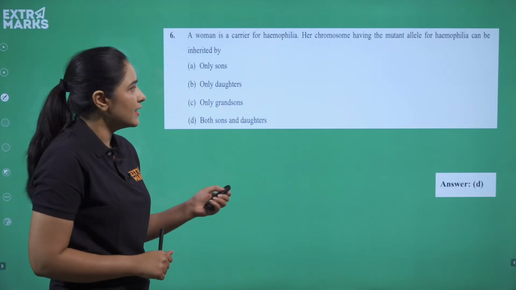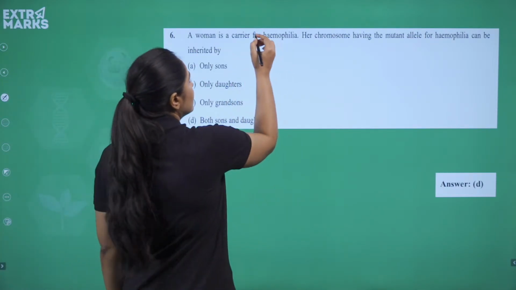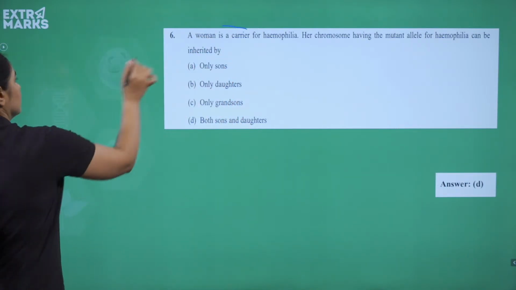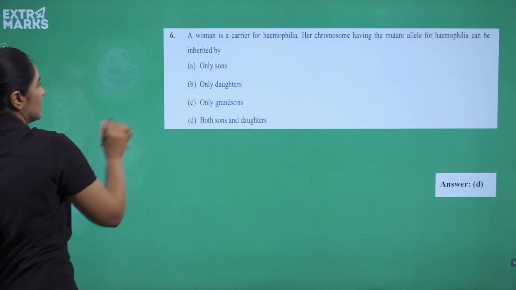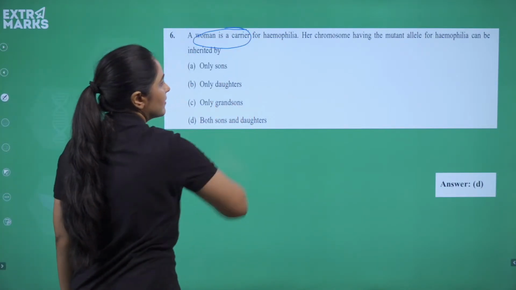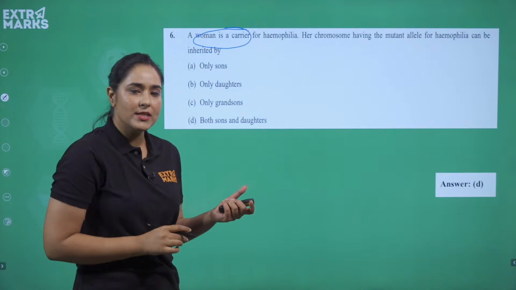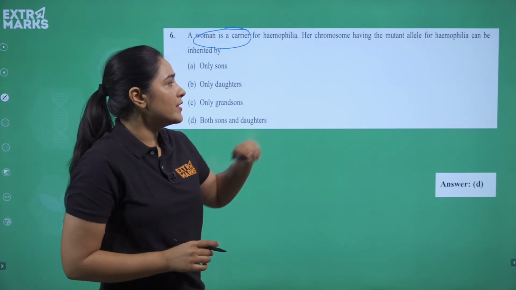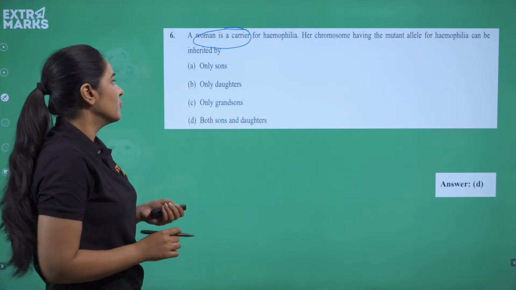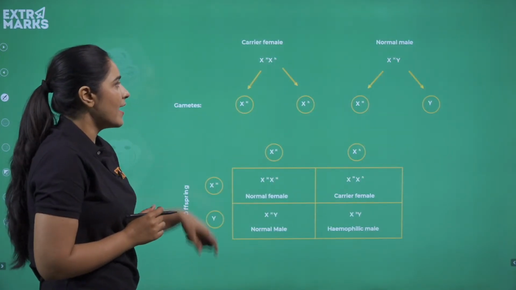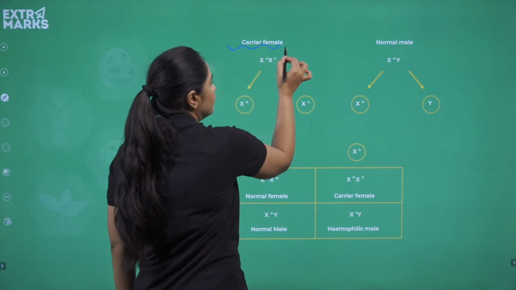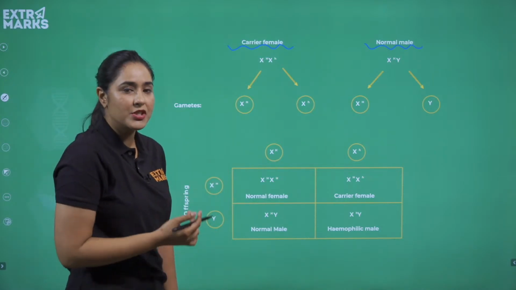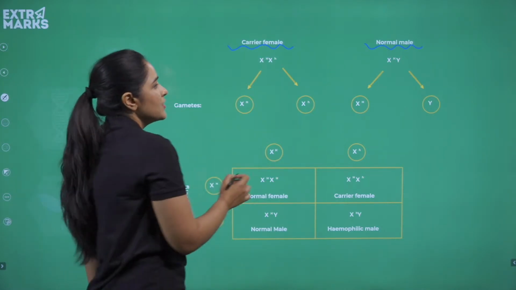So we will see here, we are having the cross between a woman who is a carrier for this disease, or having the mutant allele for hemophilia, and her chromosome having the mutant allele will be inherited by whom. See here we are having the cross, carrier female and the normal male. So if she is the carrier, she will be having the mutant allele here.